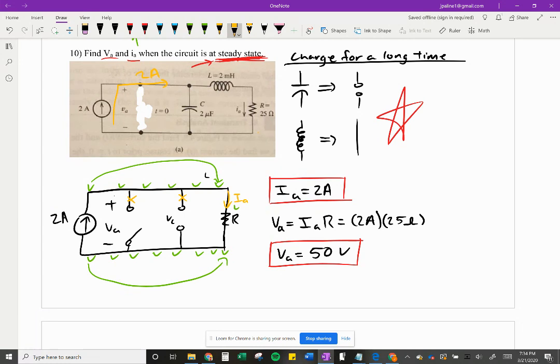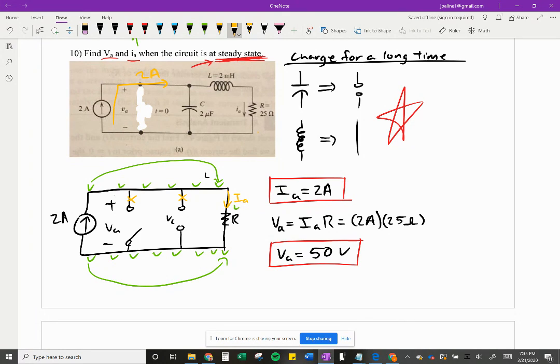We look at the inductor. The inductor will reach a point where the current has been passing through it so much that it'll just turn into a wire. So we replace where the inductor used to be with a wire, and we replace where the capacitor used to be with clipped out. And now we just have current source, resistance.